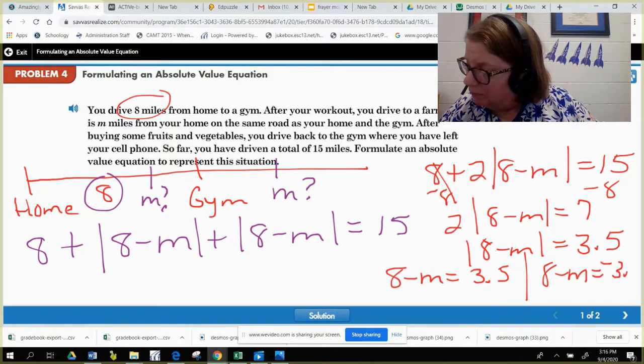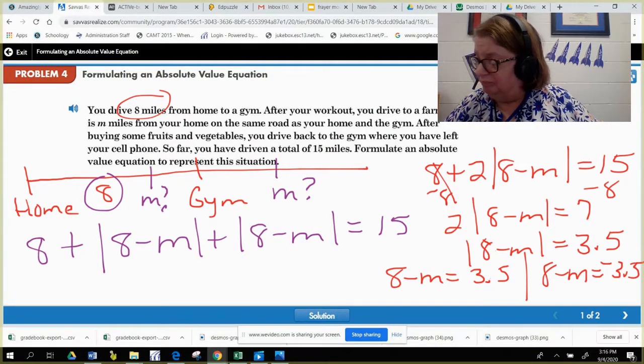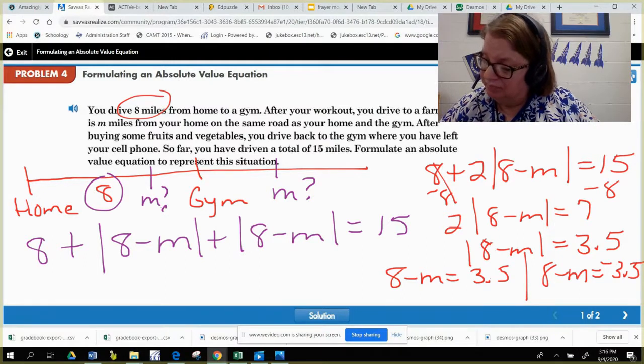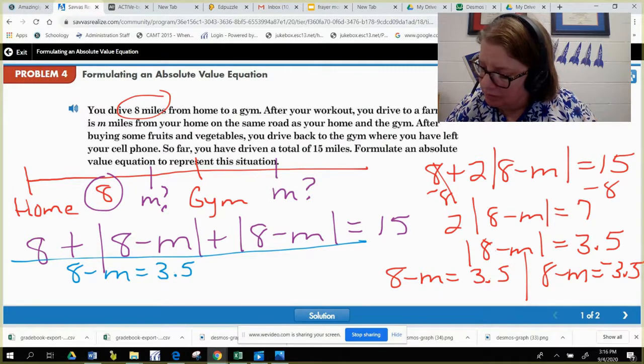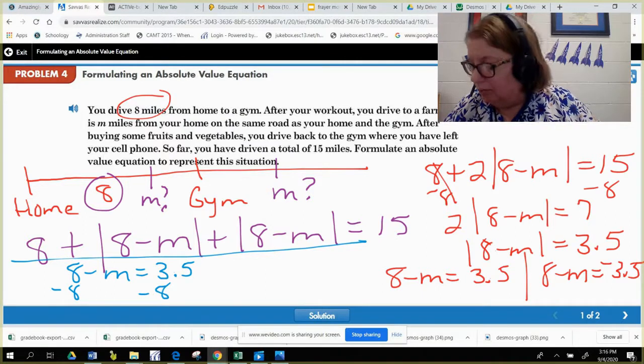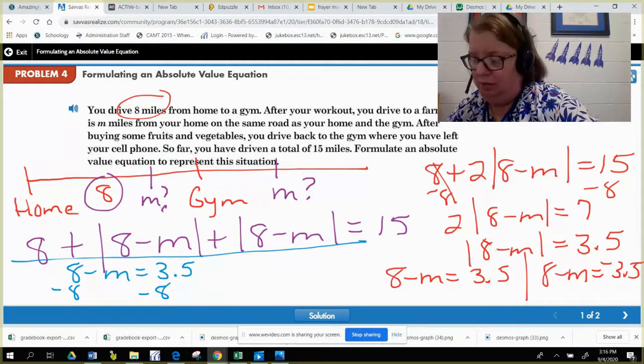I'm running out of room. I'm going to come over here and do 8 minus m equals 3.5. Subtract the 8. Negative 3, or 3.5 minus 8.